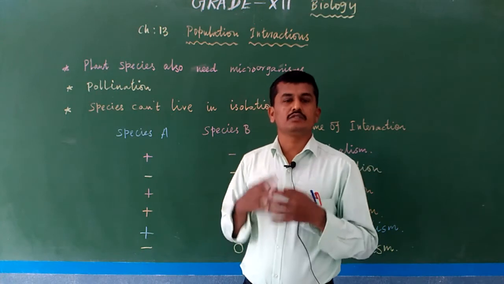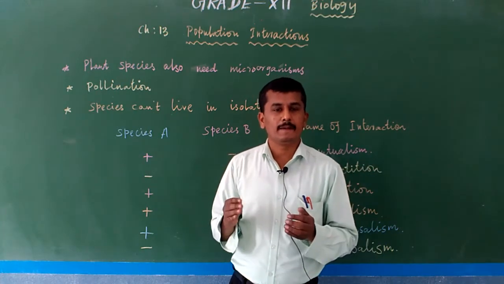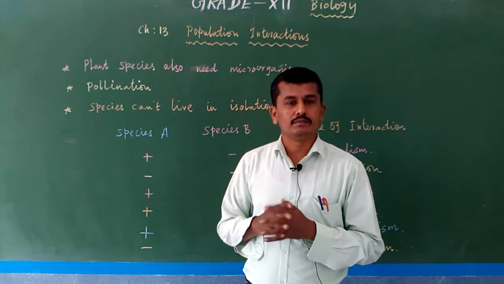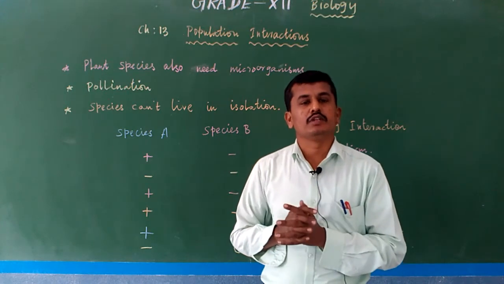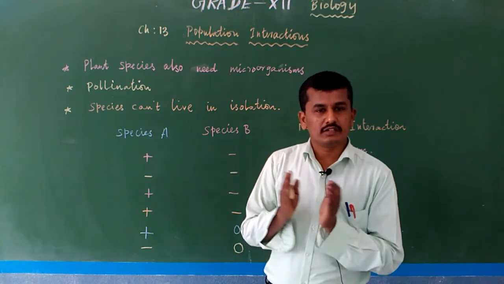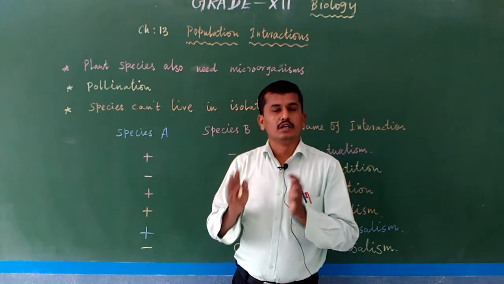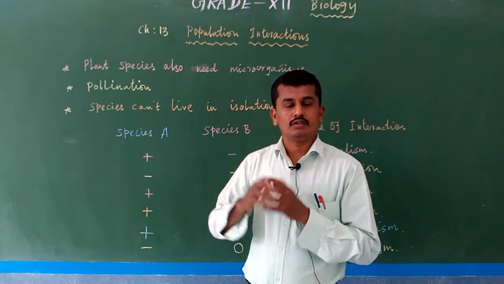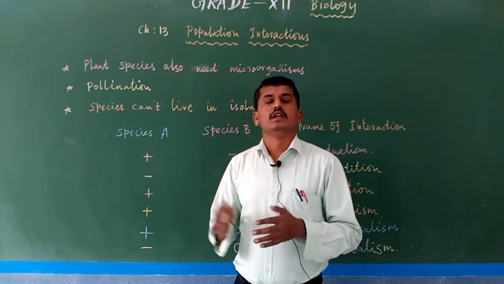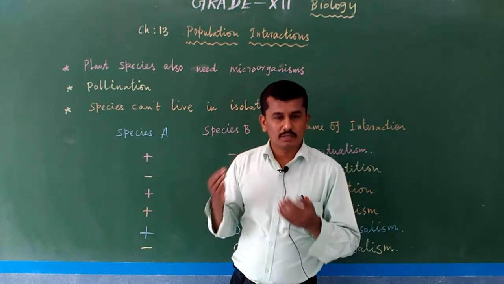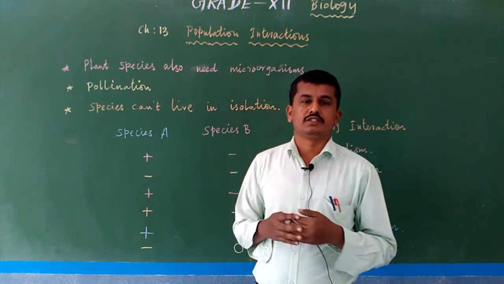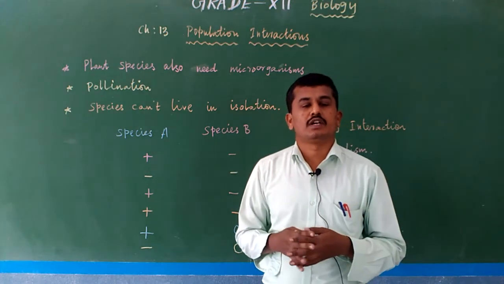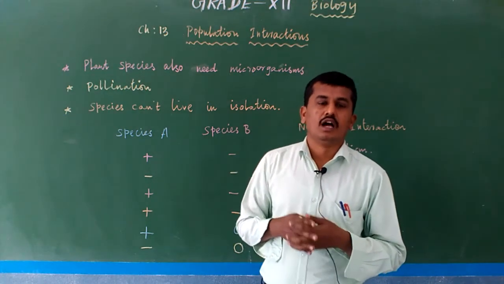The microorganisms also form populations. For example, a group of Rhizobium is a population of Rhizobium. A group of Acetobacter is a population of Acetobacter. A group of Nostoc is a population of Nostoc. So, plants depend on some populations or organisms for their growth, survival and reproduction.